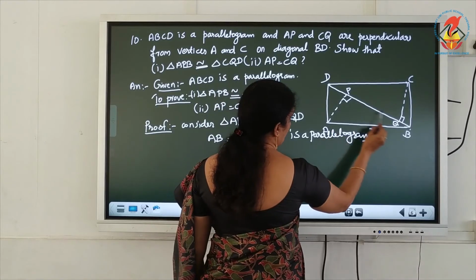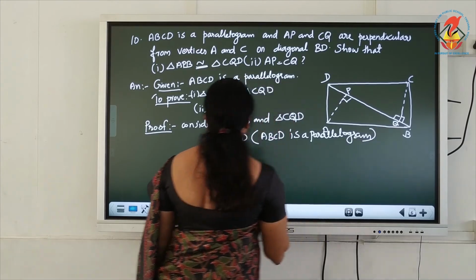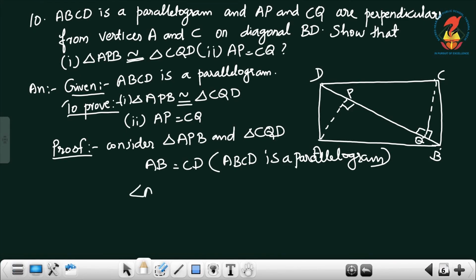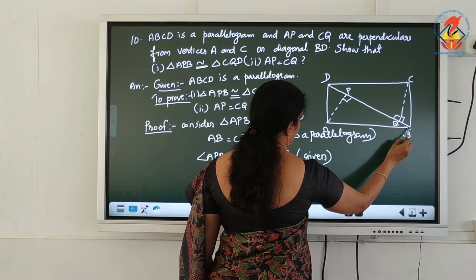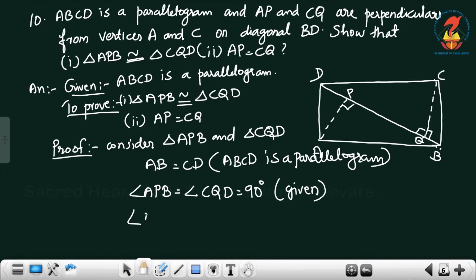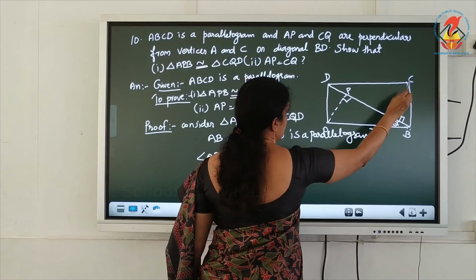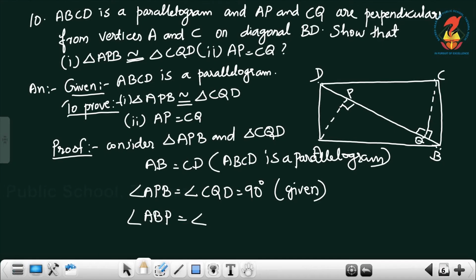Next, these two angles are equal. Angle APB equal to angle CQD equal to 90 degrees, given. Next one, angle ABP equal to angle CDQ.